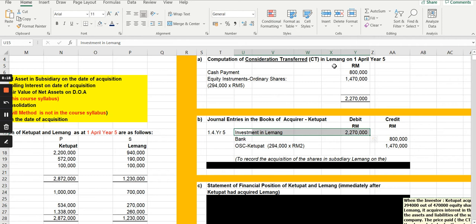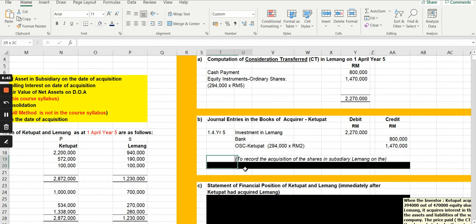The amount that you transfer is the amount that you credit to your bank account and to your ordinary share capital in the books of Ketupat. So that will be 800,000 and 1470. Because you transfer that, you have the control, and now you have that as your investment in Lemang, 2270.